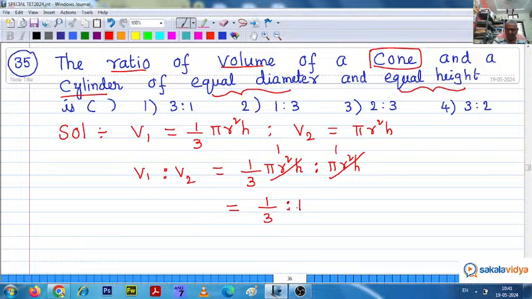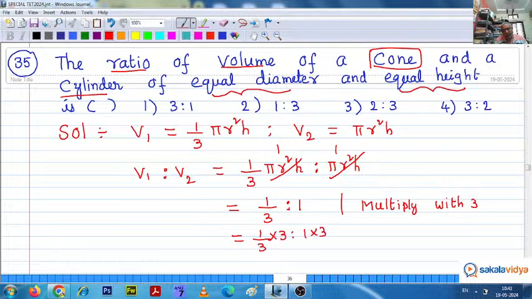The terms of the ratio should not be in fractions. They should be natural numbers. So that means multiply with 3. 1/3 into 3 is to 1 into 3.